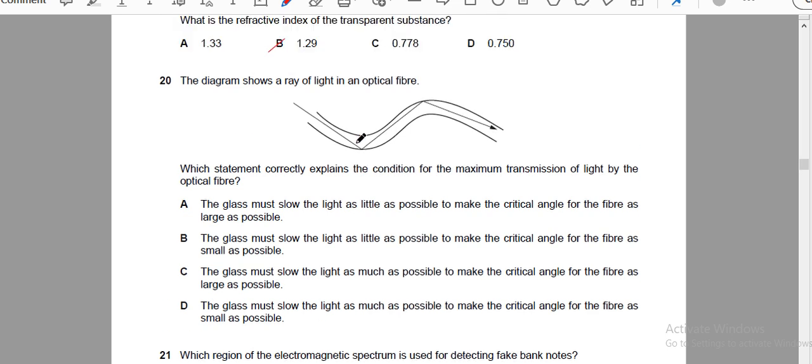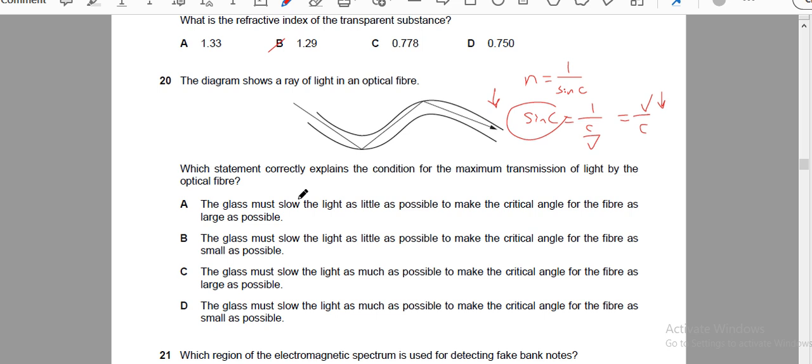So we should remember the relations. N is equal to 1 over sine C, or sine C equals 1 over N. 1 over N means 1 over C over V, so sine C is equal to V over C. As we reduce V as much as possible, we will find that this whole ratio will be decreased and hence C will be decreased.